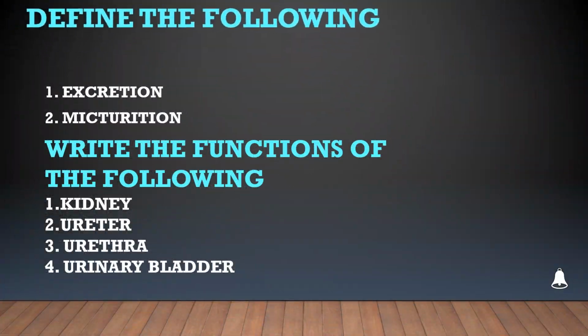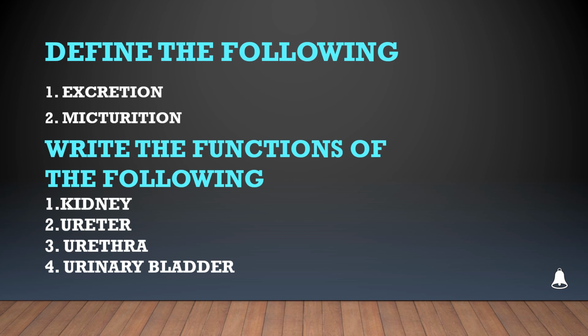The next question is define the following: excretion and micturition. These are the two terms you have to remember in the definition. In the earlier slides, we already discussed these two terms, right? You can go through that. The next one, write the functions of the following. First one, kidney. What is the function of the kidney? Production of urine.